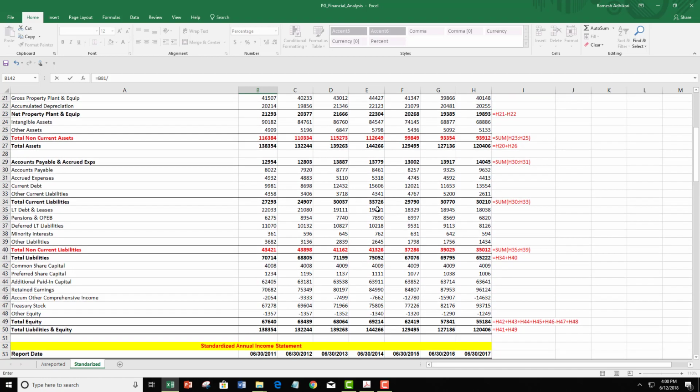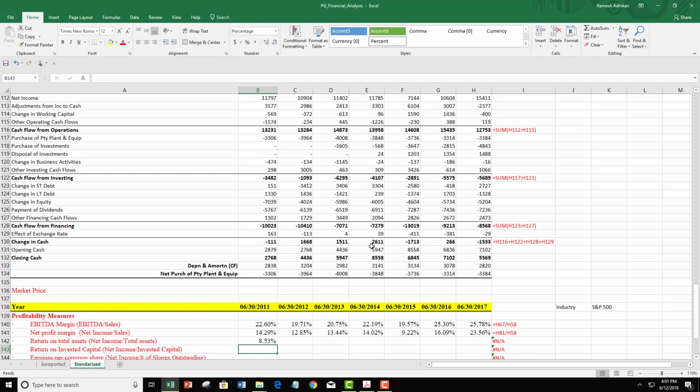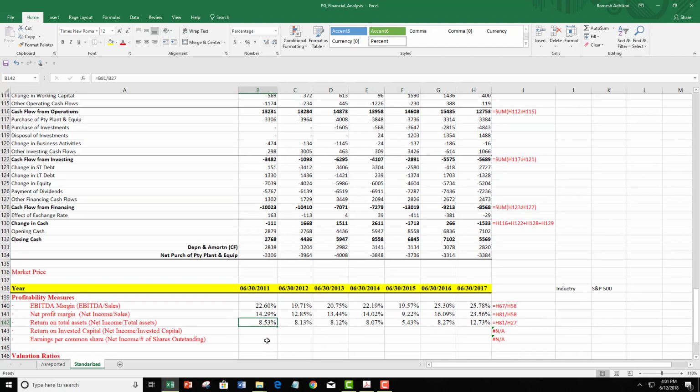Here I have total assets in row 27. If you put these arguments in and press enter, that gives you the return on total assets. Again, you can grab this little square box and drag it to the right. Boom, done. That is the return on total assets.